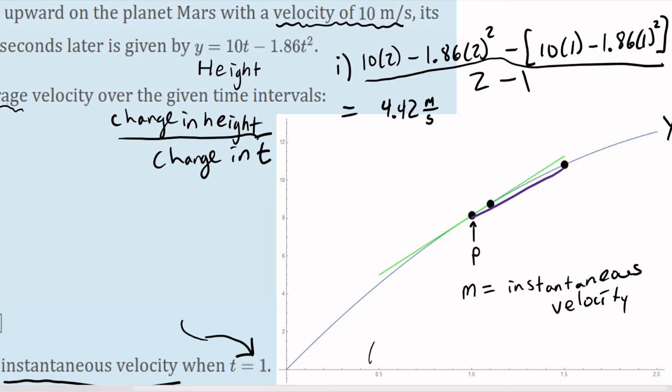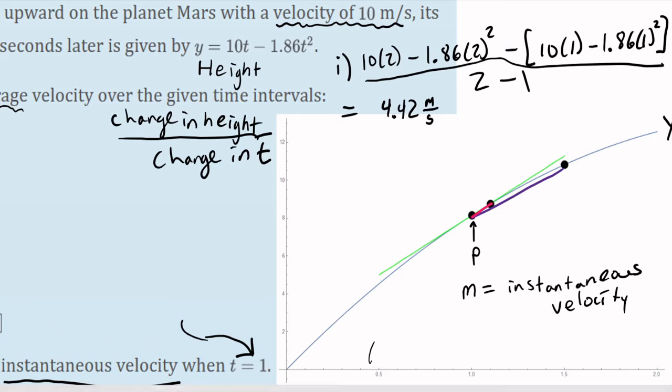But maybe we want to do better than that. So how do we do better than that? Well, if we instead take a point a lot closer, like 1.1, that's this dot here, and we draw this line, well, ooh, look at this. Look at the pink and the green. They actually seem to have a pretty close slope, right? This pink line has a slope that's much closer to the slope here.